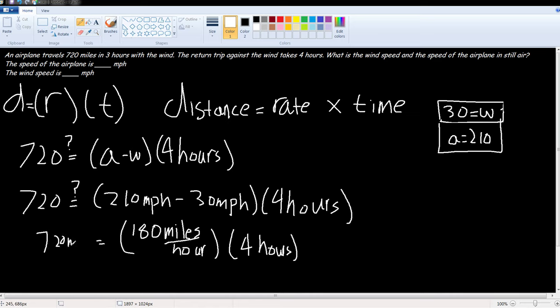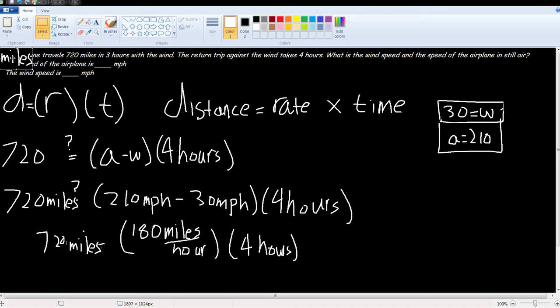Oh, so remember there should be miles in this. Here you go. Let me move this. Should be miles. Let me just delete these. This should be equals, equals, equals.